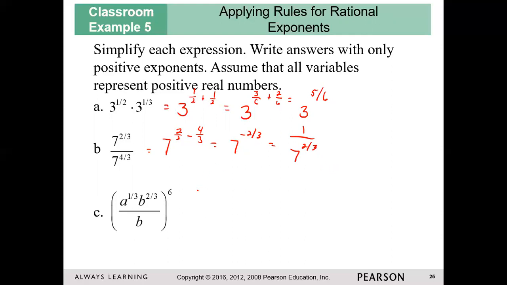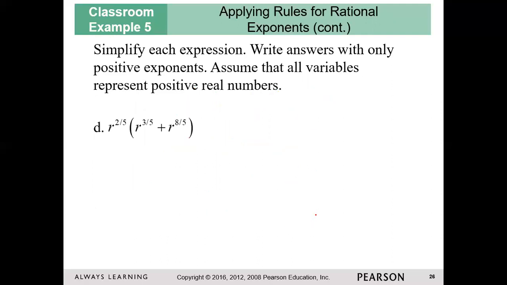Okay. And over here, let's send that on in to everything on the inside here. So that's going to clean us up to be a squared. 6 divided by 3 is 2. 2 times 2 is 4. So b to the 4th over b to the 6th. And then we can simplify this one more time by saying it's a squared over b squared.